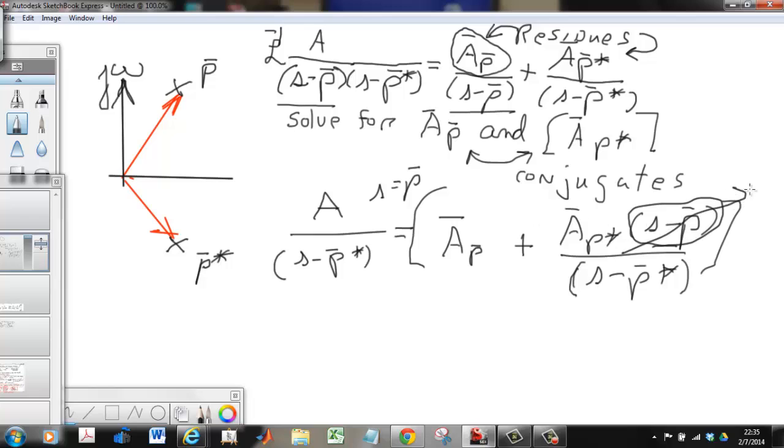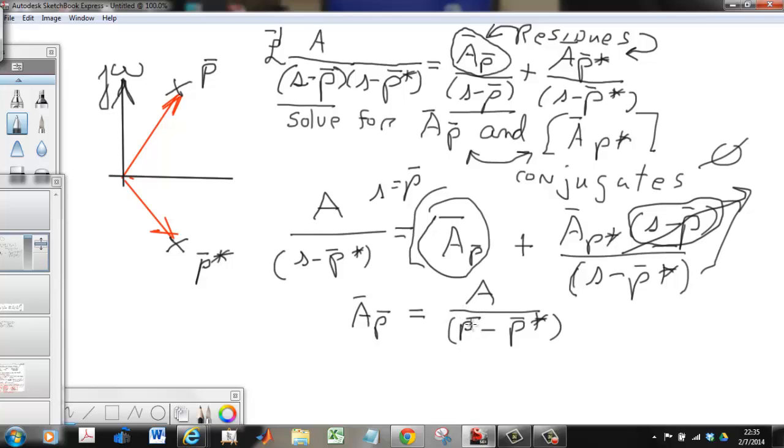They'll become 0, except for what you're looking for. So if we do that, we'll end up with the residue for pole P that we're looking for equal to the constant A over p minus p star.